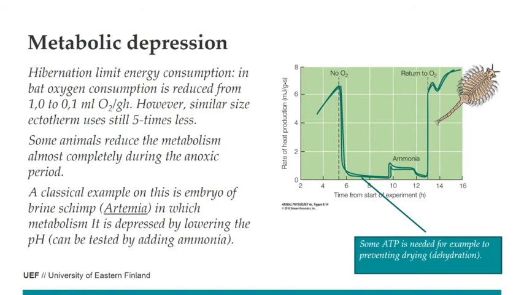It produces lactate and makes the intracellular solution more acidic, and that keeps the metabolism down. This can be tested: after 10 hours they added some ammonia to get the pH a little bit higher, and saw that there was some heat production.